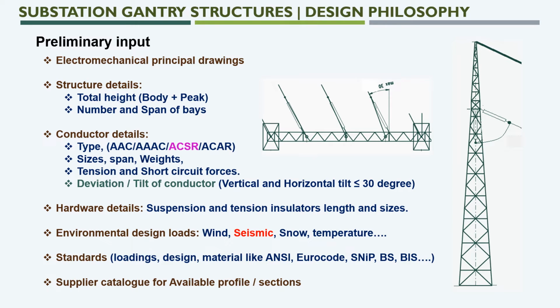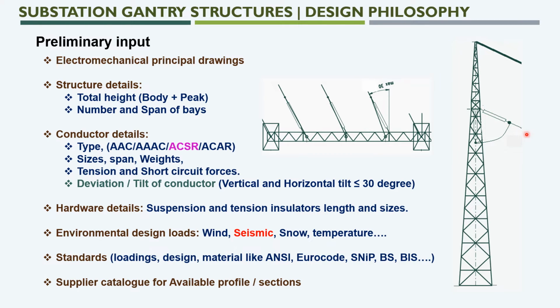In plan the conductors are tilted from the normal conductor span. It is said to be 30 degrees. This is the general way of conductor span, vertical direction in the plan, but this conductor is deviated. This deviation is called horizontal deviation, and you can see the elevation in the right hand side picture.